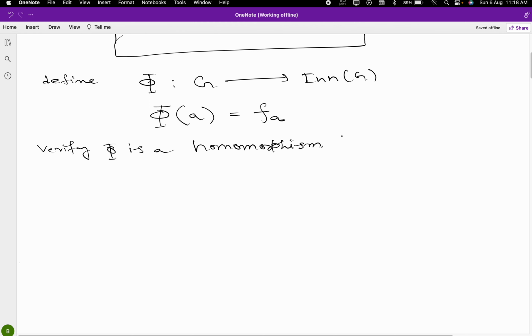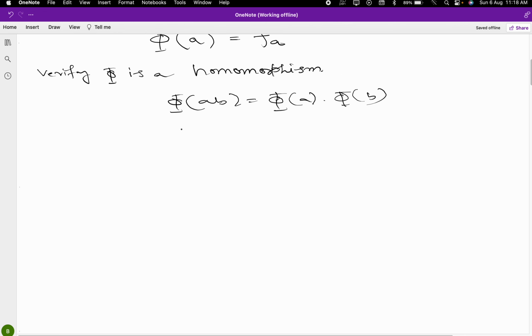What do you need to check? For any two elements a, b, you need to check that Phi of ab equals Phi of a and Phi of b. We have Phi of ab is f_ab. You just show it equals f_a composed with f_b, and then you will be done.